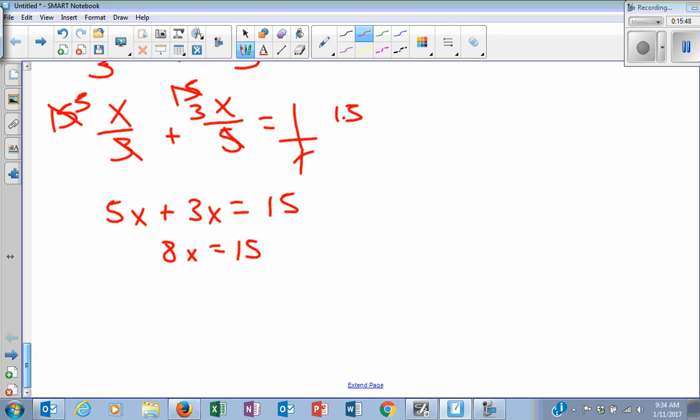Divide by 8, you're going to get x equals just under 2. And the reason I just need that is because if I look at my answers, it says between 1 and 2 hours, so B is the correct answer.